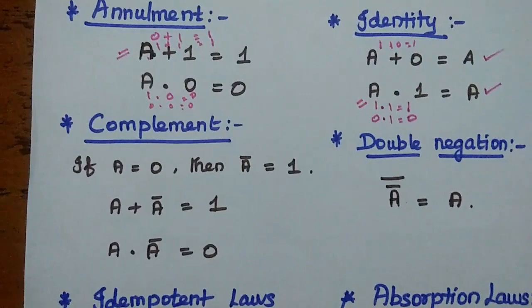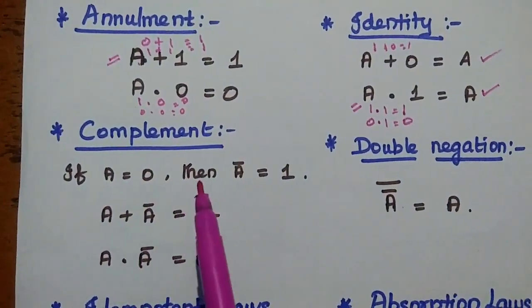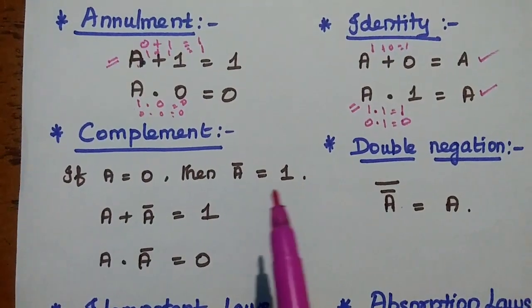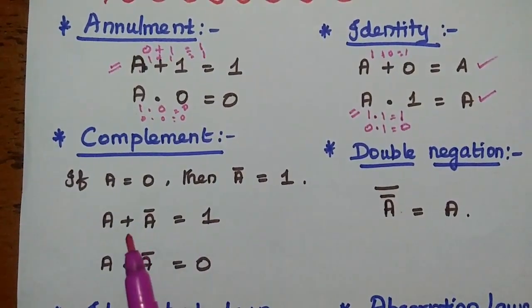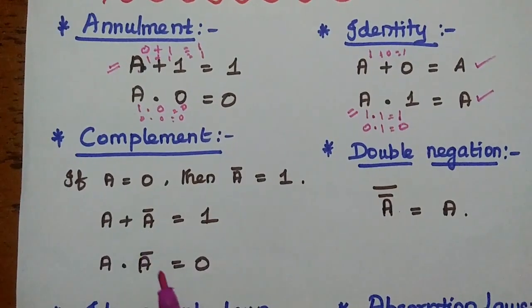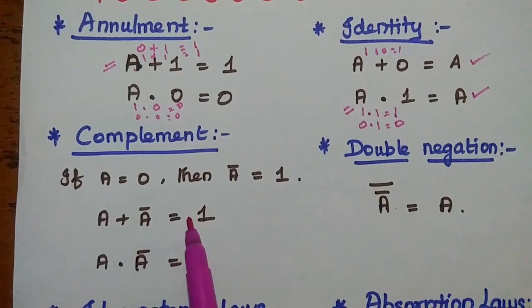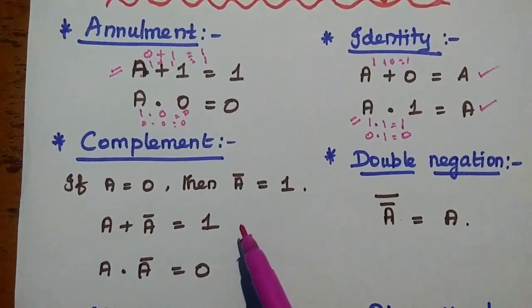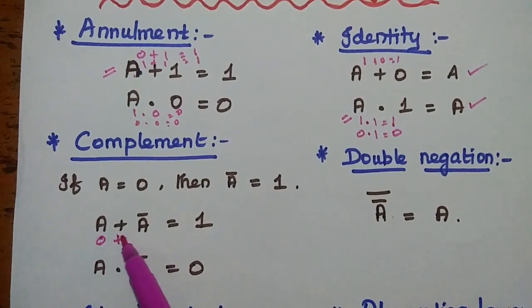So next, complement. In this complement, if A is equal to 0, then A complement is equal to 1. Using this complement property, we can obtain two expressions, that is A plus A bar is equal to 1. If A is equal to 0, what is the value of A bar? It is 1.